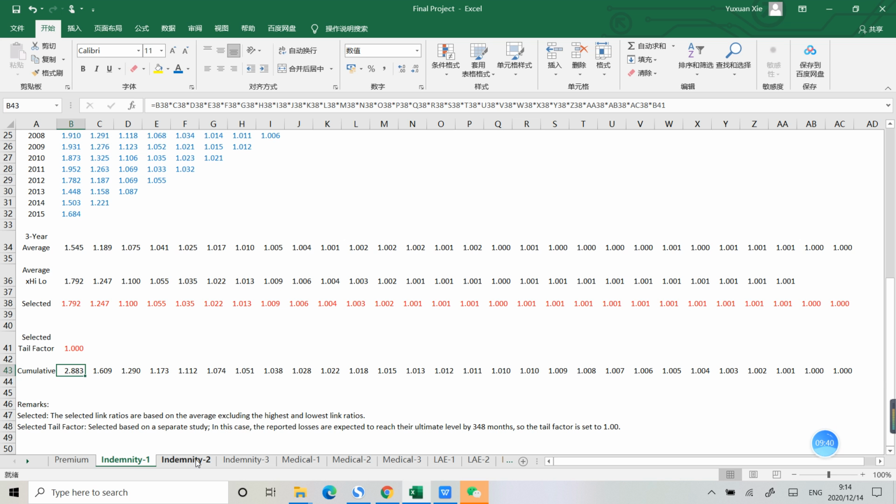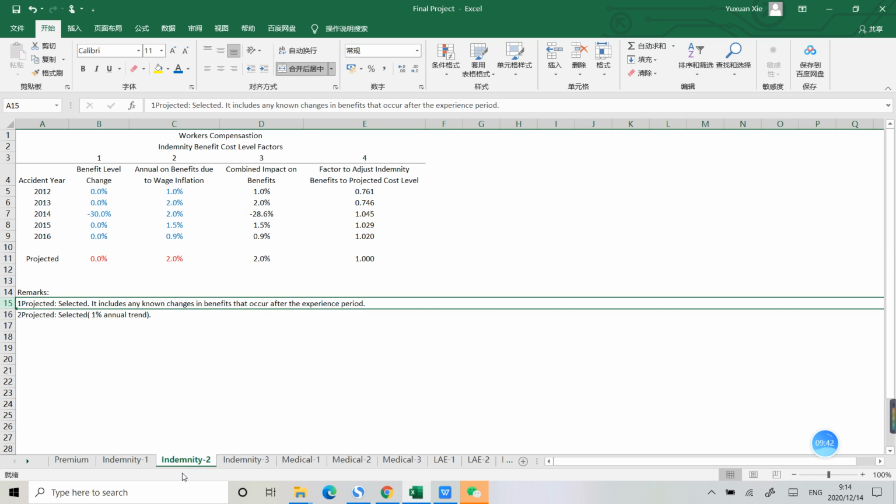And sheet 3, the indemnity 2, shows the indemnity benefit cost level factors. Column 1 is the benefit level change, and column 2 is the annual change in benefits due to which inflation is given. So we should calculate column 3 and column 4.